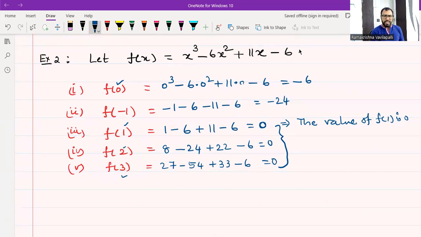So these 1, 2, 3 are known as zeros of the polynomials. So here x equal to 1, 2, 3 are known as the zeros.